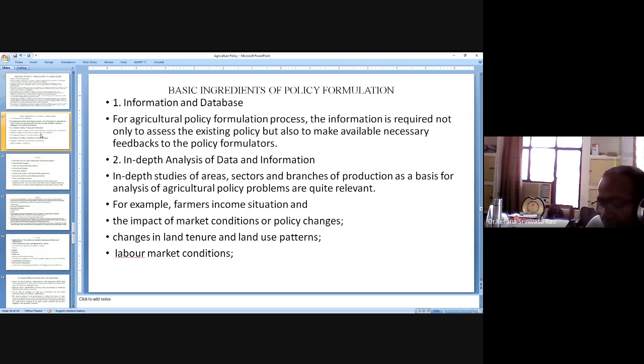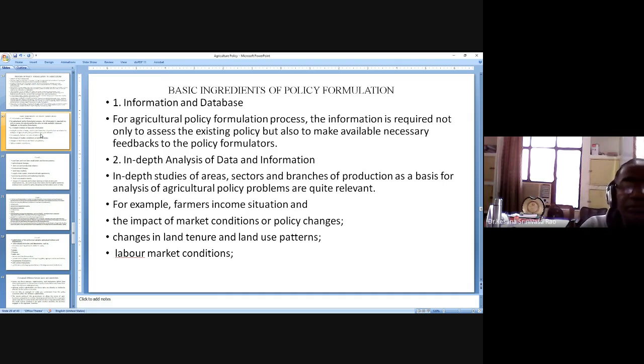This is important information, because only then can we see how the agriculture policy is going to be useful and positively influence the standard of livelihood of the population.